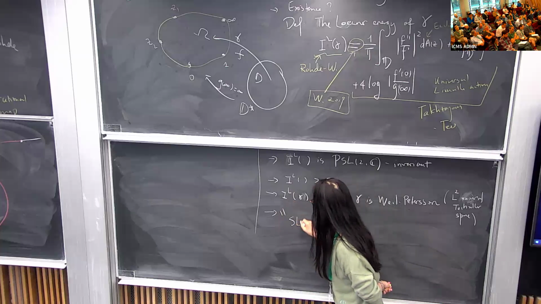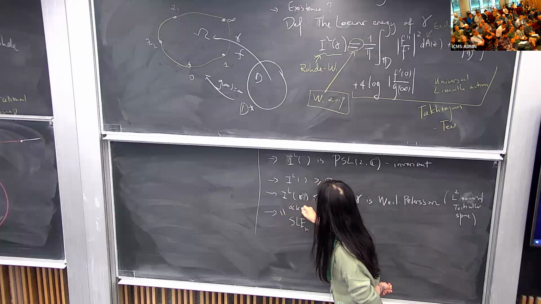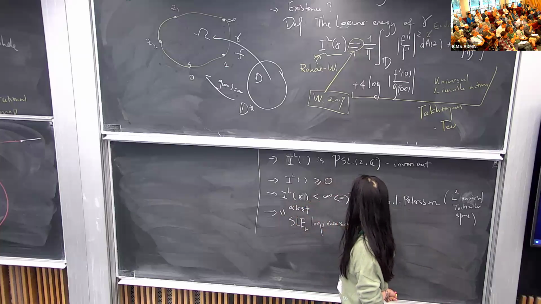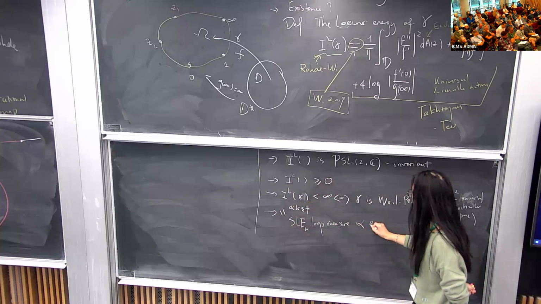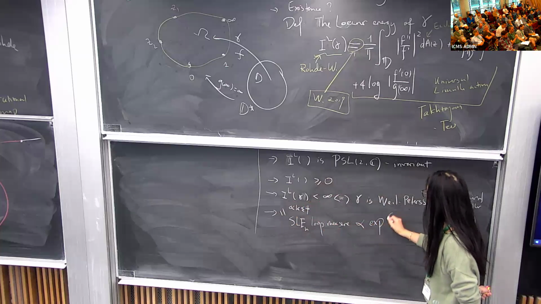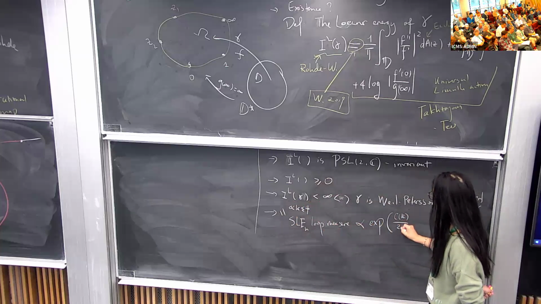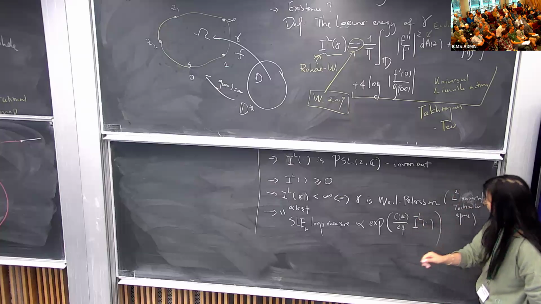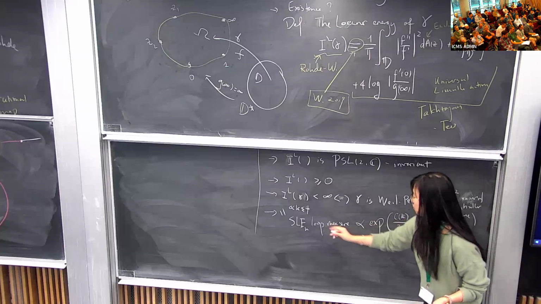So for SLE kappa, where kappa is between 0 and 4, the loop measure has a density proportional to exponential of the central charge of kappa over 24 times the Loewner energy, where the central charge is an explicit function of kappa.